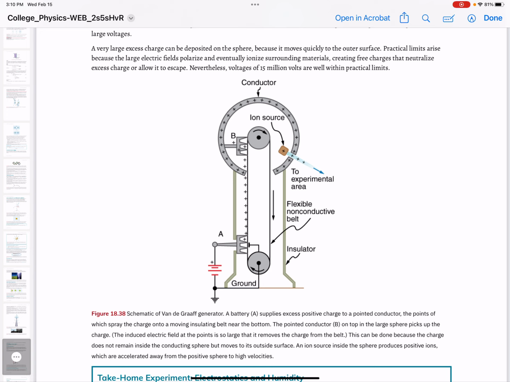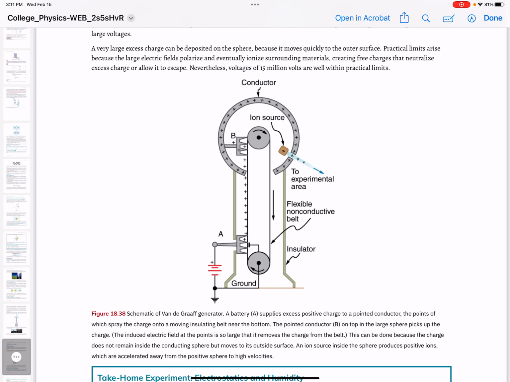The metal brushes strip electrons away from the belt at the top, at B, and send them all the way back down to A. When it gets to A, the electrons go to ground. So all the electrons get stripped from your conductor, which leaves your conductor with a lot of positively charged holes.